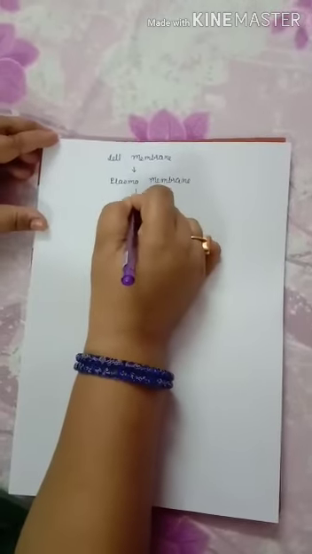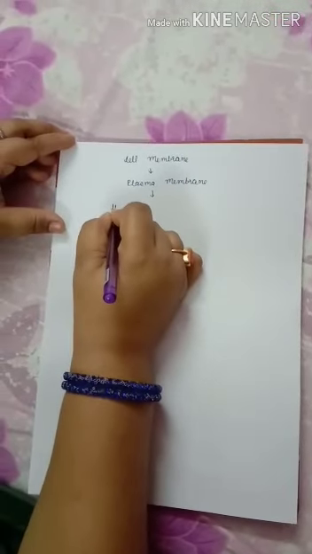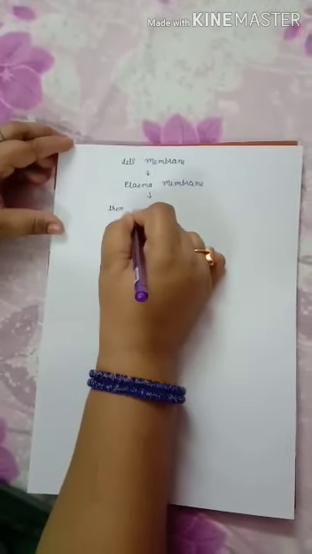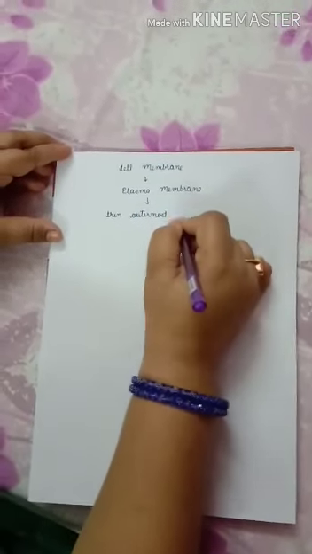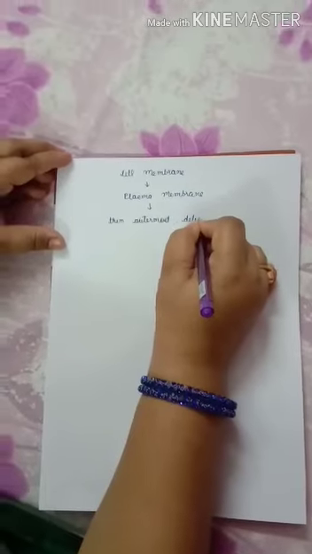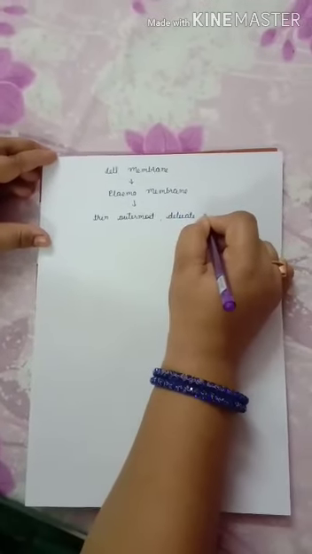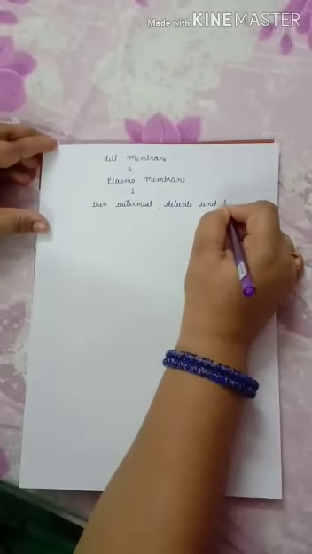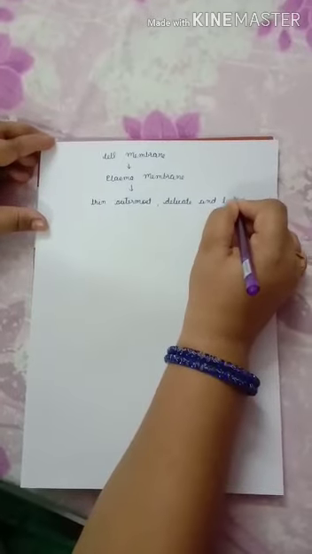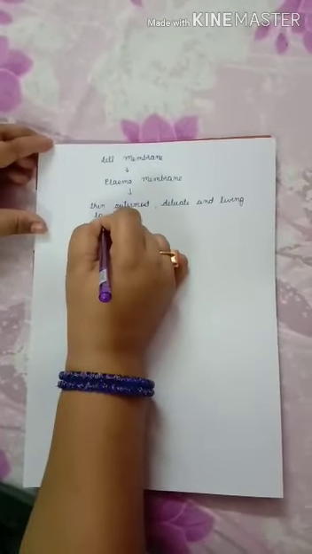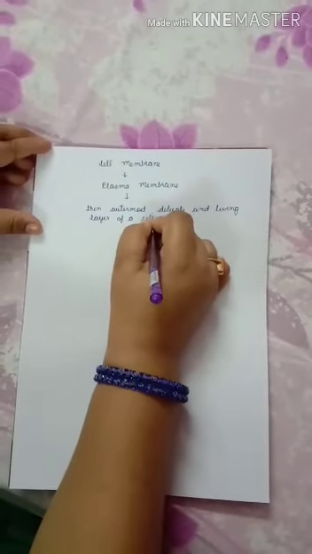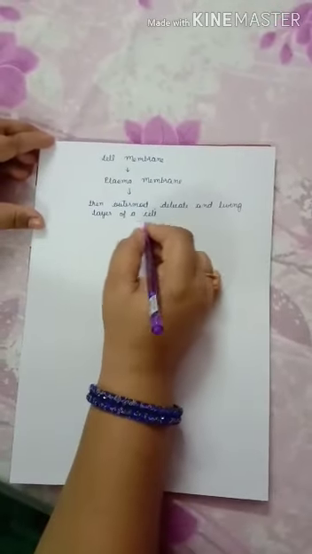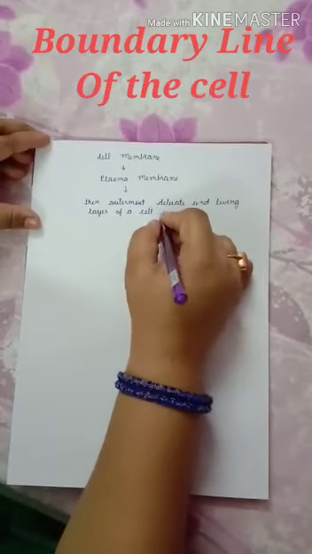And what is cell membrane? It is a thin, outermost, delicate and living layer of a cell. Okay? It acts as a boundary line of the cell. Okay?